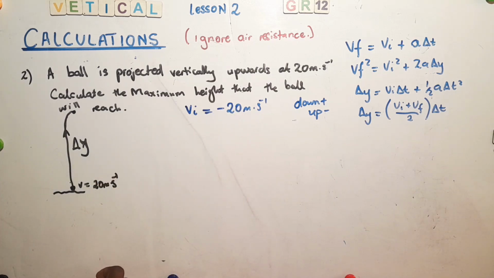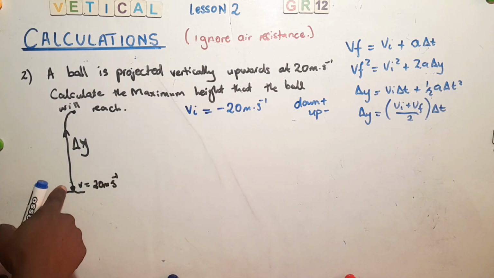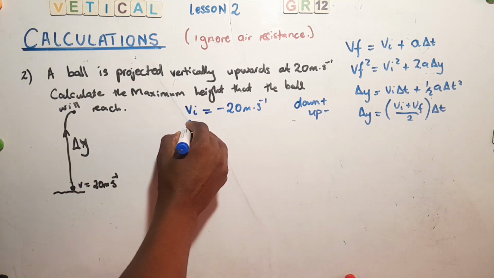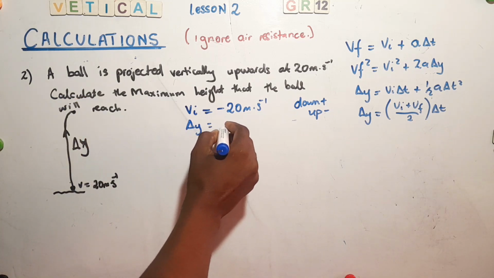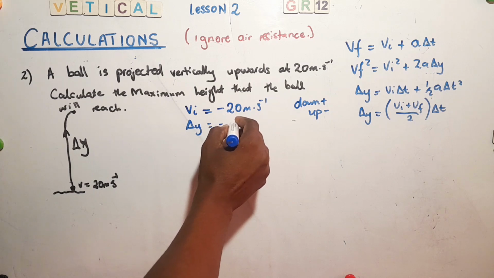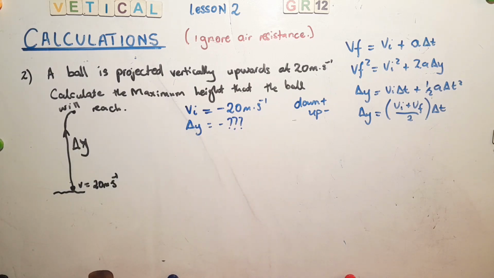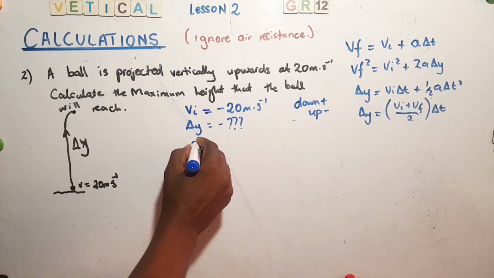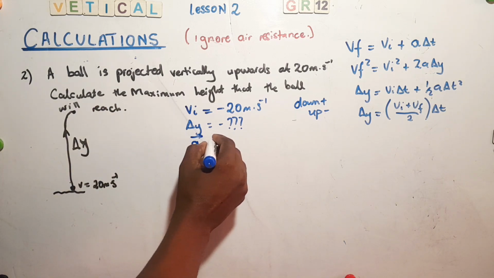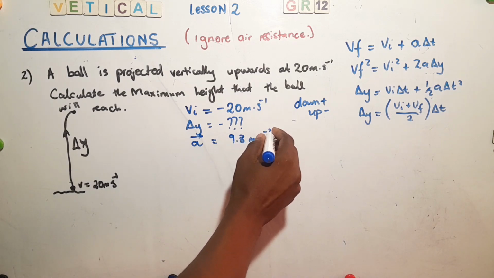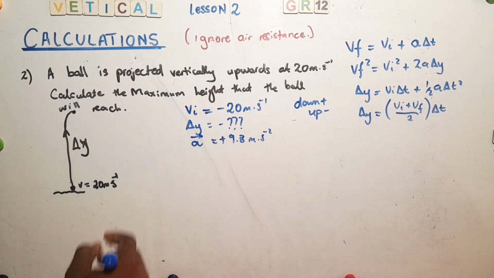And also this is going upwards, so our displacement will become a negative something. Is that something we are trying to find, right? Because it is going upwards. And our acceleration is always 9.8 meters per square second downwards, so it has to be positive.